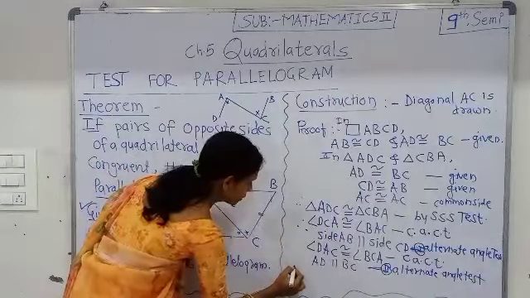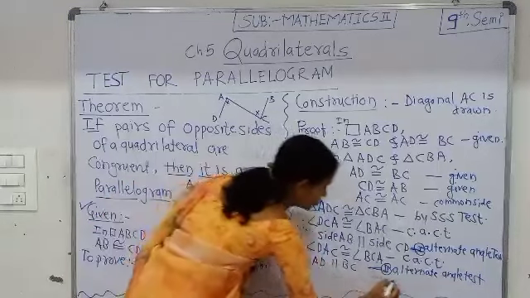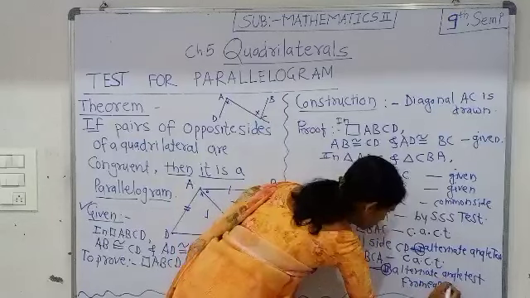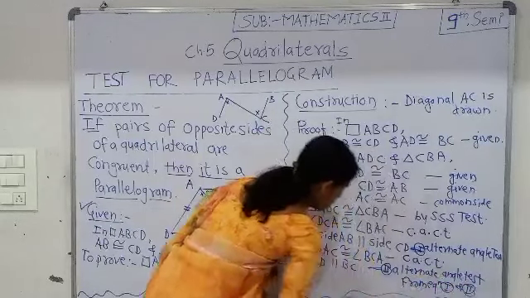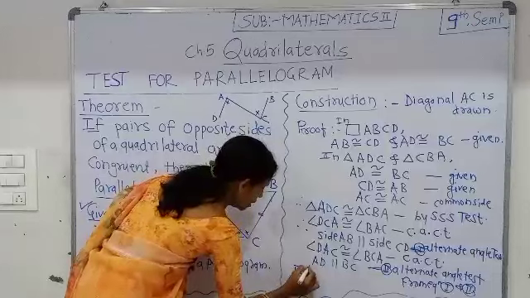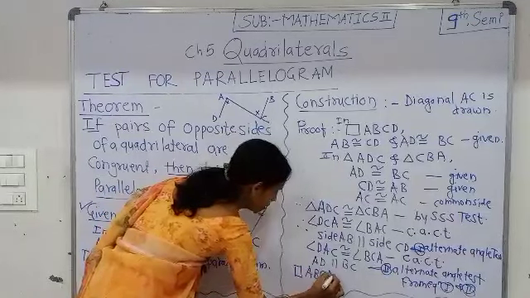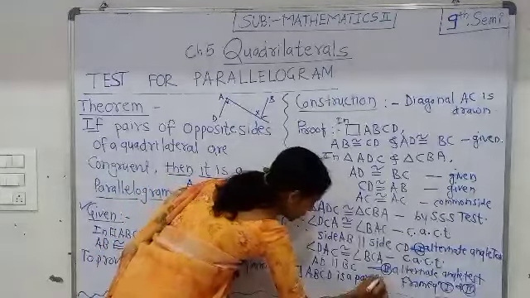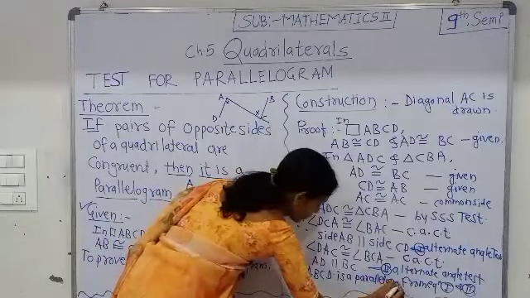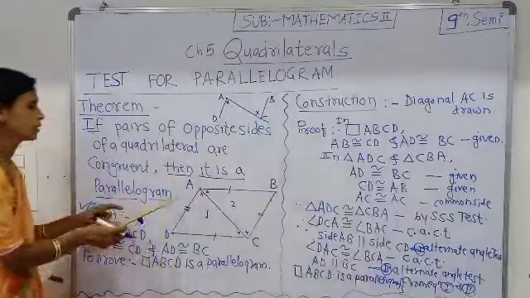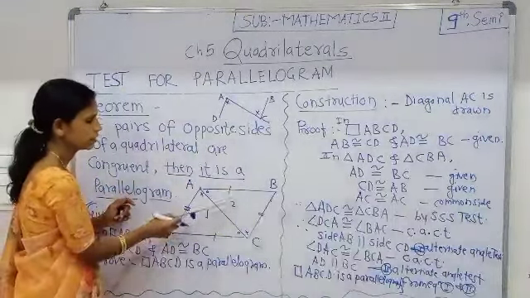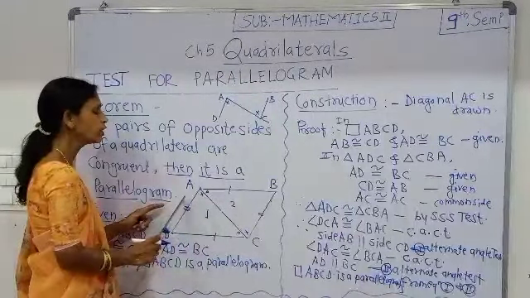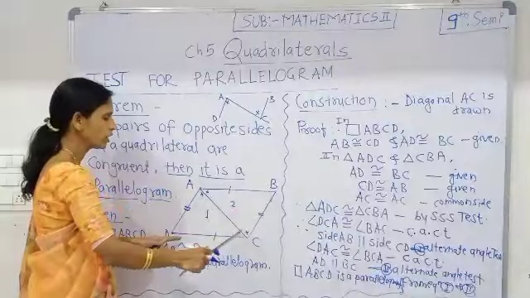Therefore, from equations 1 and 2, it is proved that quadrilateral ABCD is a parallelogram, because both pairs of opposite sides of that quadrilateral are parallel to each other.